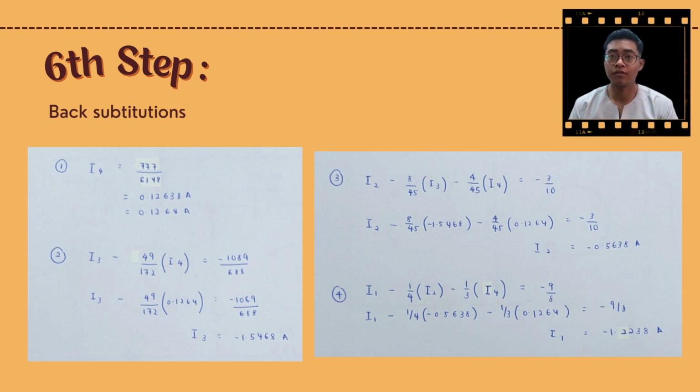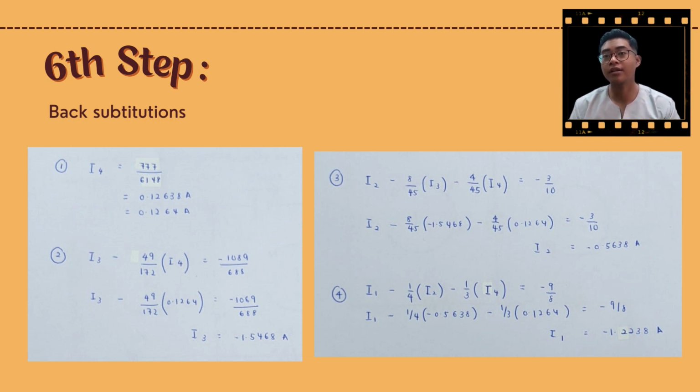For I2, we subtract 8 over 45 multiplied by I3, which is negative 1.5468, and subtract 4 over 45 multiplied by I4, 0.1264, equals negative 3 over 10, and we get I2 equals negative 0.5638.